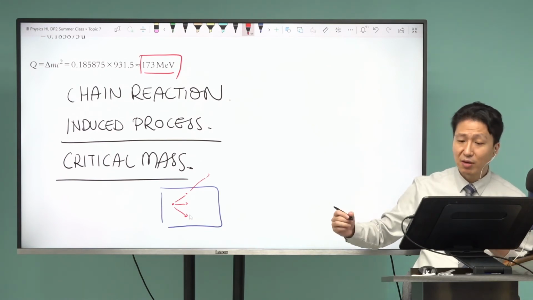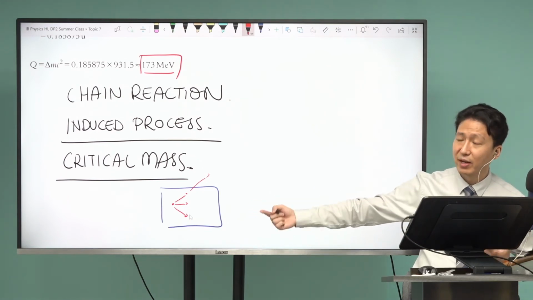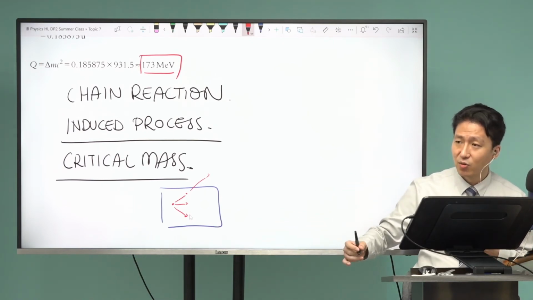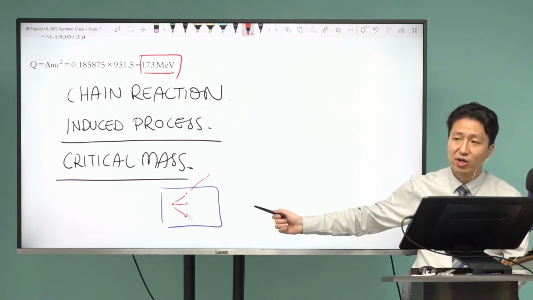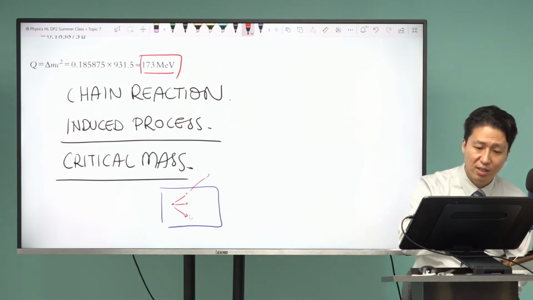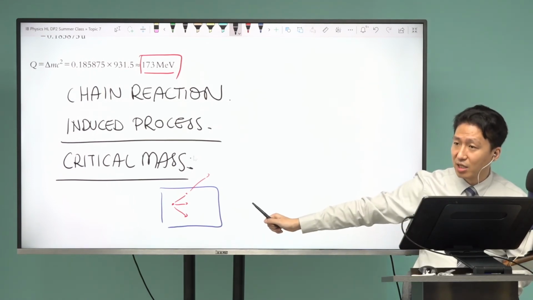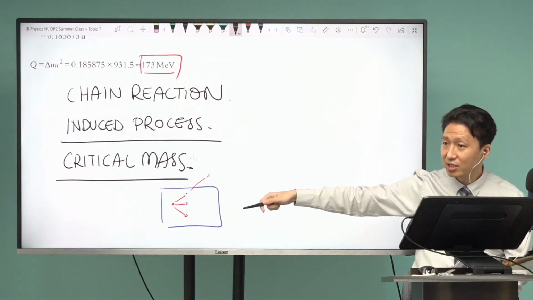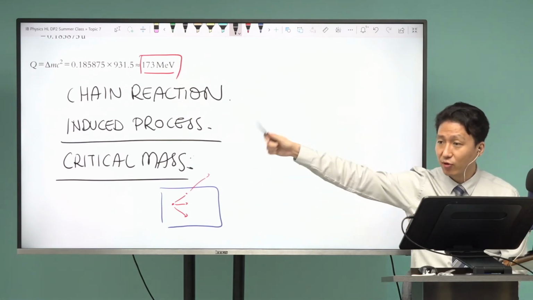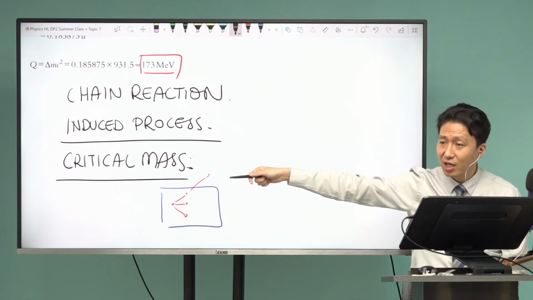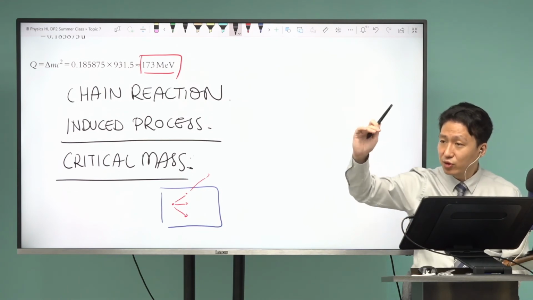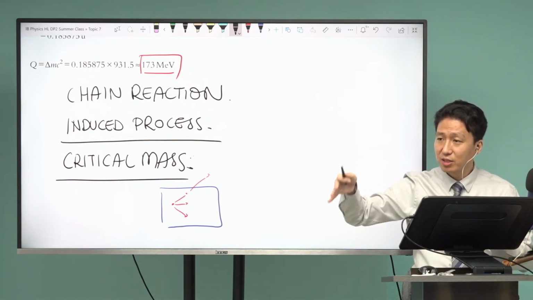So the probability of it being absorbed depends on the mass, right? And there's a certain amount of mass where the probability is 1/3, right? And we call this the critical mass. If the probability of one of these neutrons being absorbed is exactly 1/3, it means that in every reaction, at least 1 neutron is absorbed, and it keeps going forever. If it's less than 1/3, then the number of neutrons in reactions keeps going down, right?